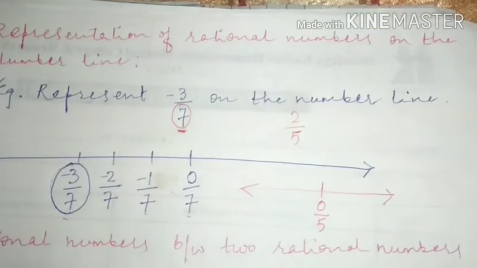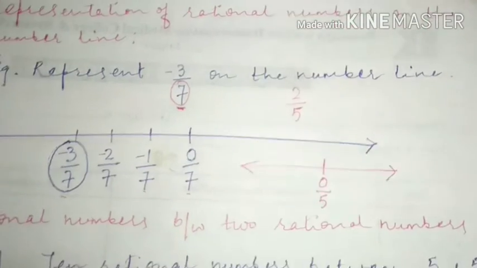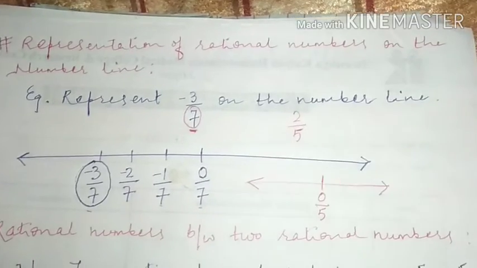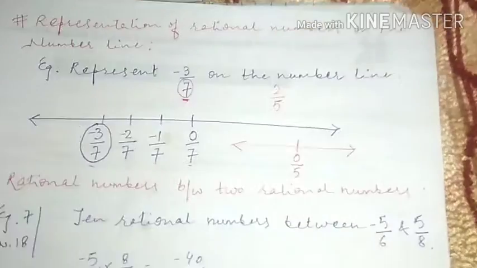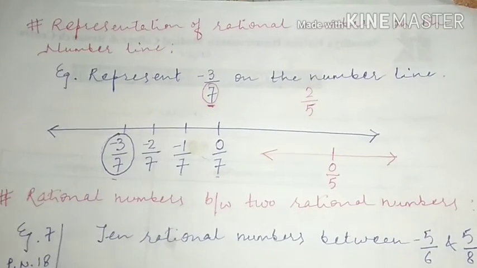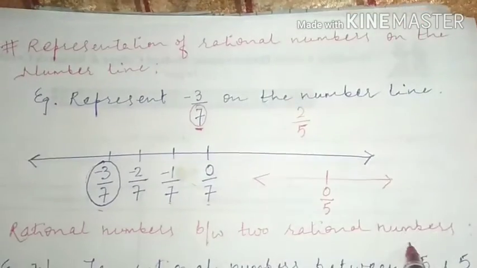Then you can easily represent any rational number on the number line, moving left or right side of 0 accordingly. All right, now moving to next point of this video, that is, how do we find rational numbers between two rational numbers.